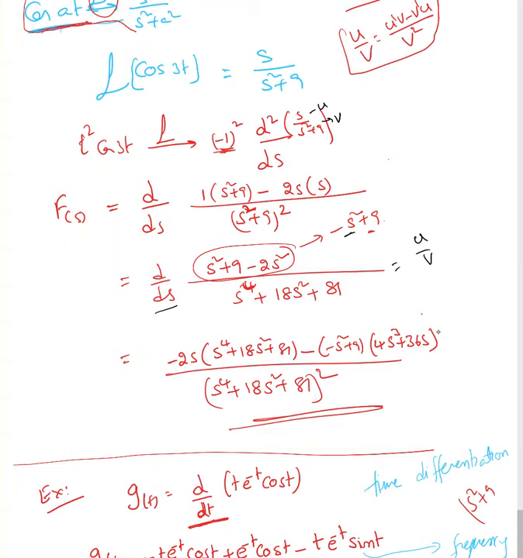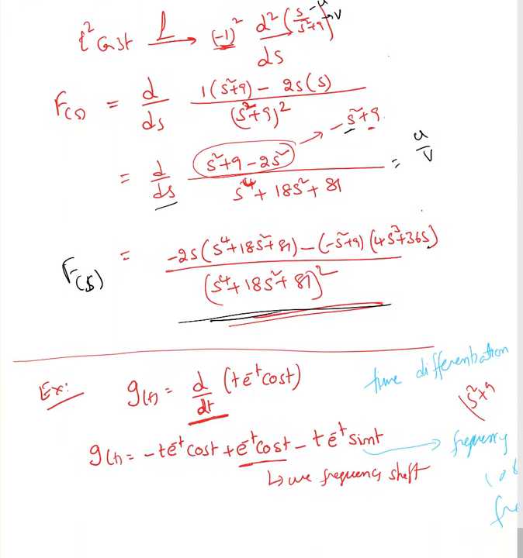That's v prime, and u is minus s square plus 9. This is F of s. I want you to simplify it a little better and make it look like a transfer function in the s domain.